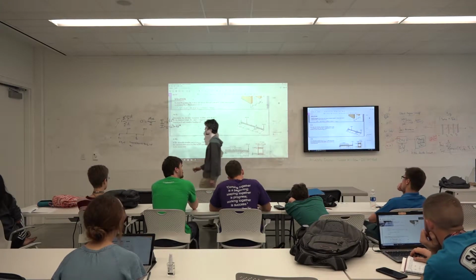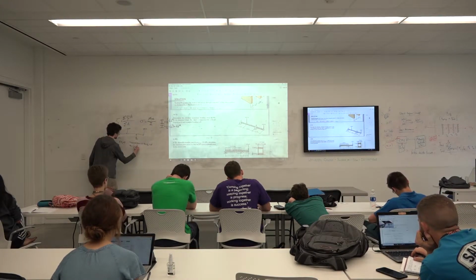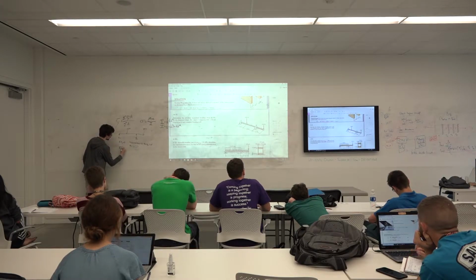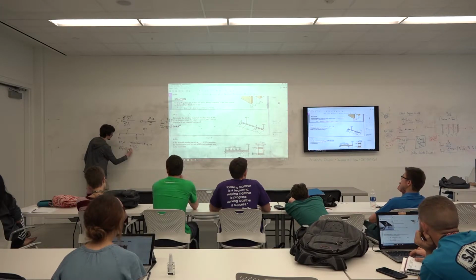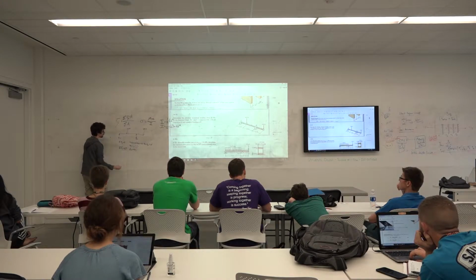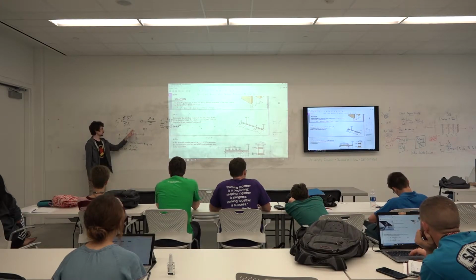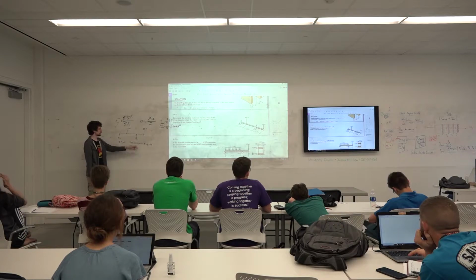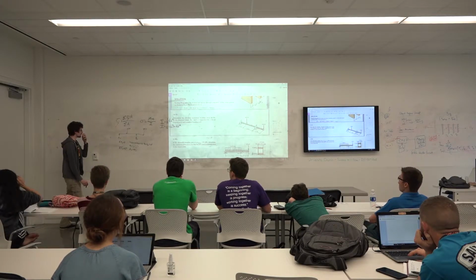So we get By is equal to 610. And then we can sum the forces in the y direction, and that'll give us that Ay is equal to 90, which makes sense. 400 plus 300 minus 610 is 90. Now that we have those, we can construct our diagram.